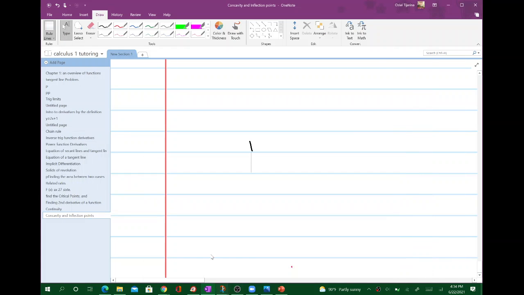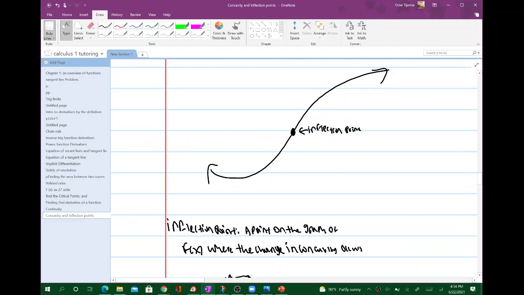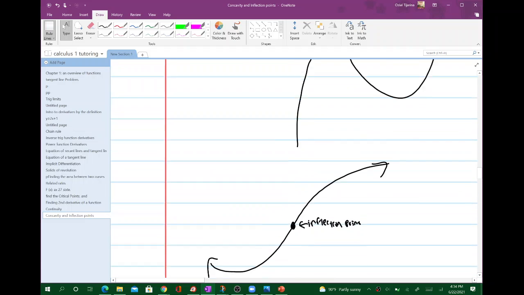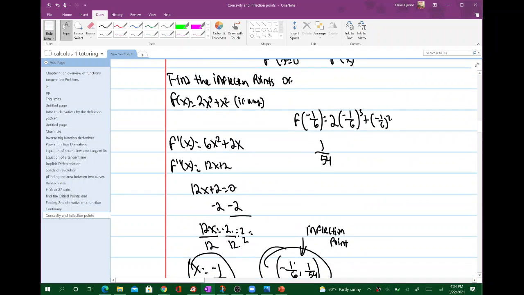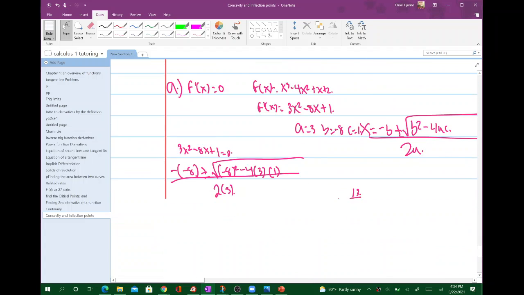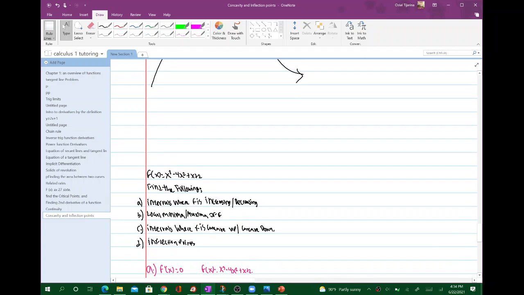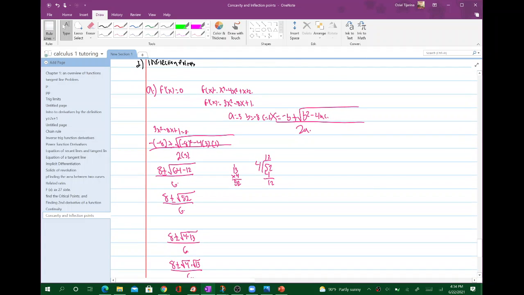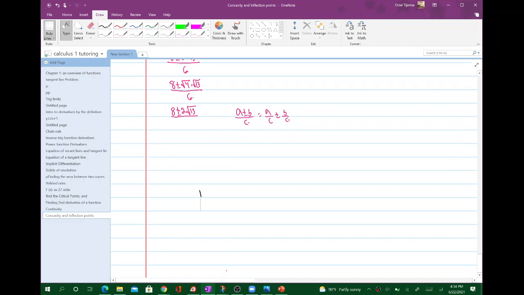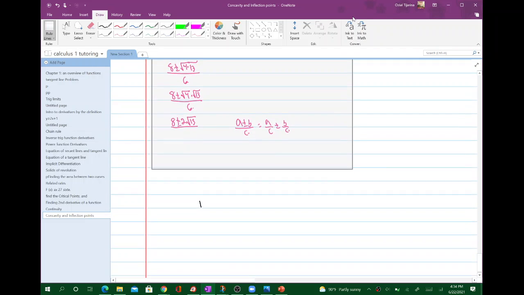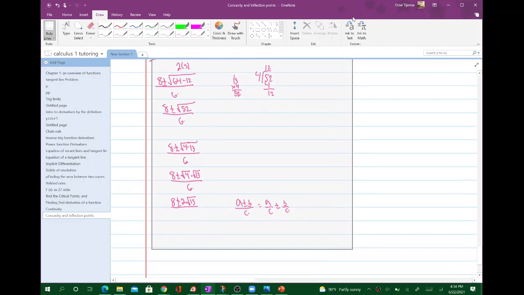So, obviously we know increasing and decreasing intervals. Now, I really want to briefly explain what an inflection point is, as well as what concavity is. I'm going to erase this part here, because obviously I was doing it wrong.